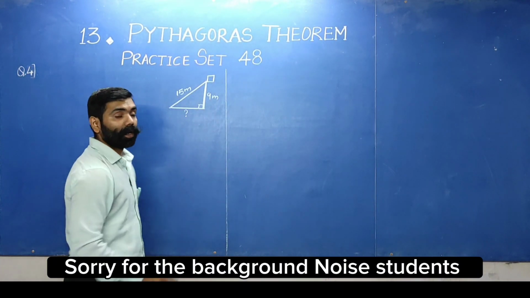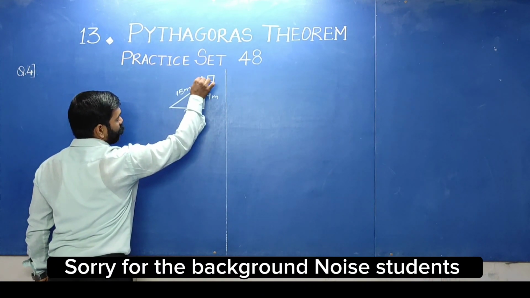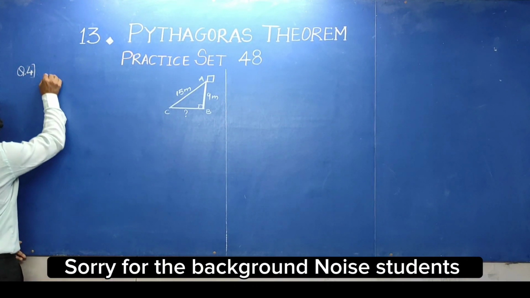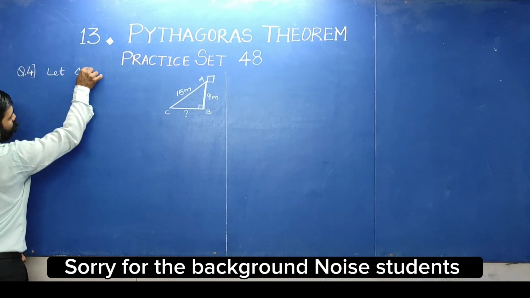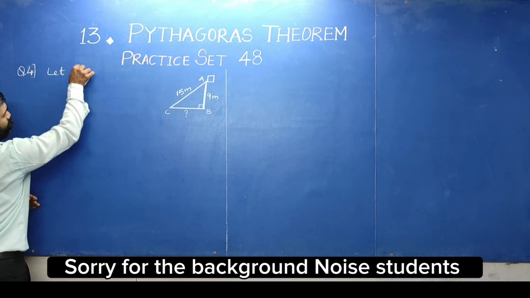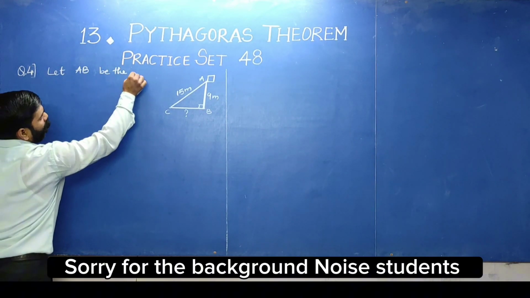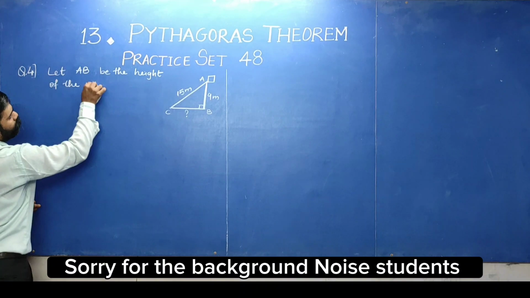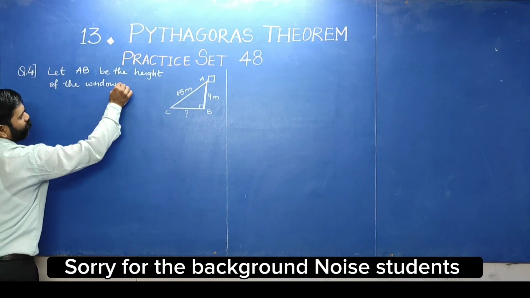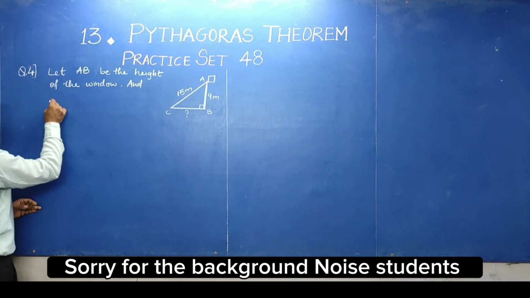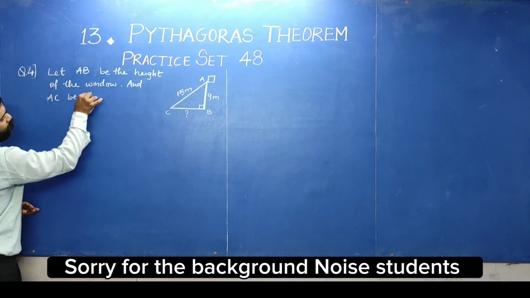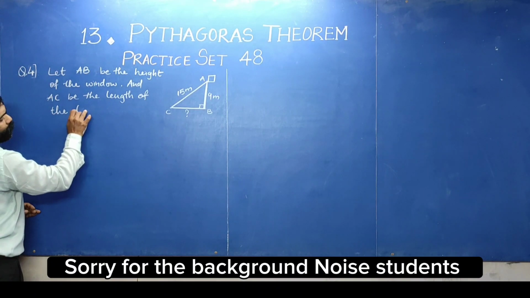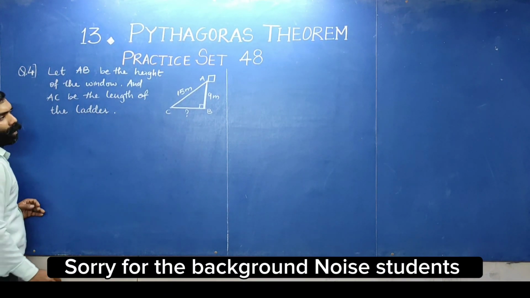Let us consider the triangle as A, B and C. For our convenience I am taking it as ABC, so we will write: let AB be the height of the window, and AC be the length of the ladder.